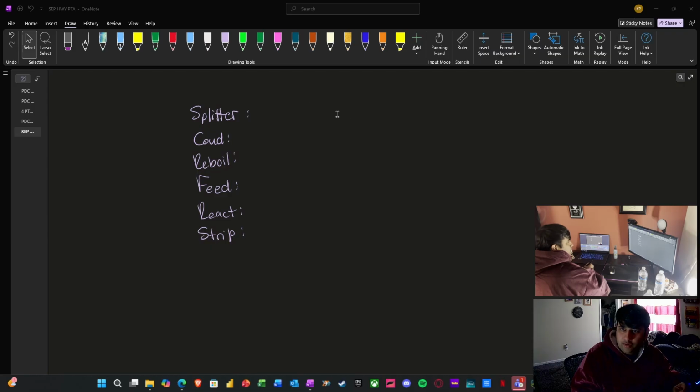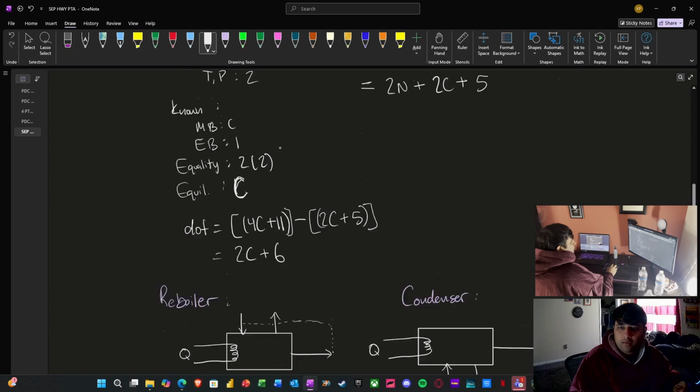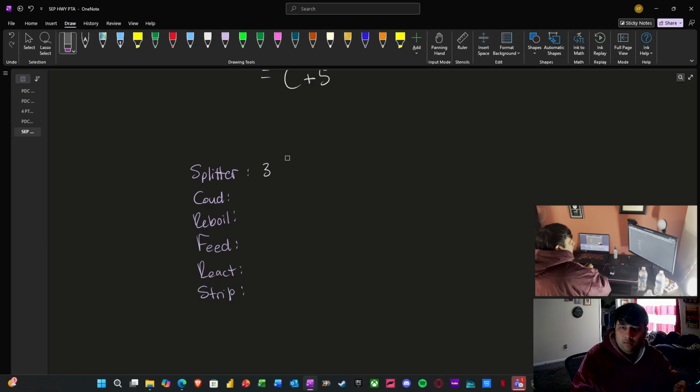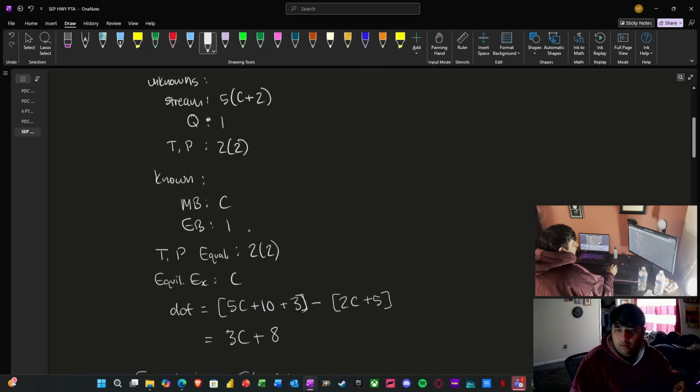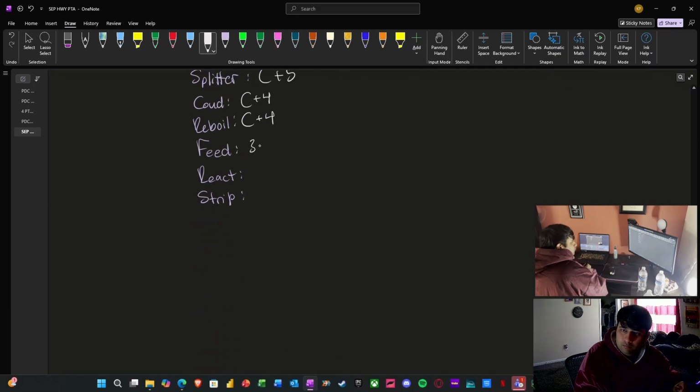Okay, so now we're going to have to combine all of them. For our splitter, what we got was C plus 5. Reboiler was C plus 4. Our feed stream was, I believe, 3C plus 8. And then for our reactor and stripper, we're going to have 2n plus 2C plus 5.